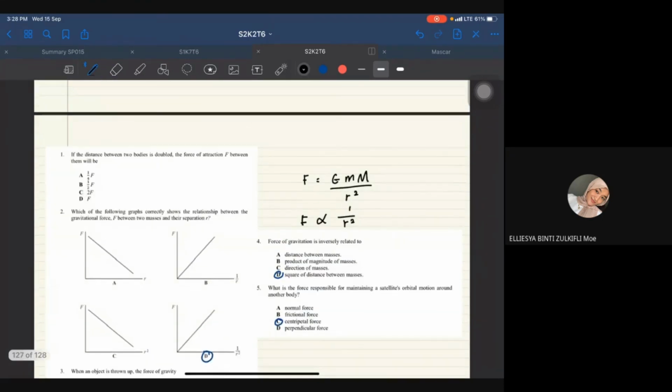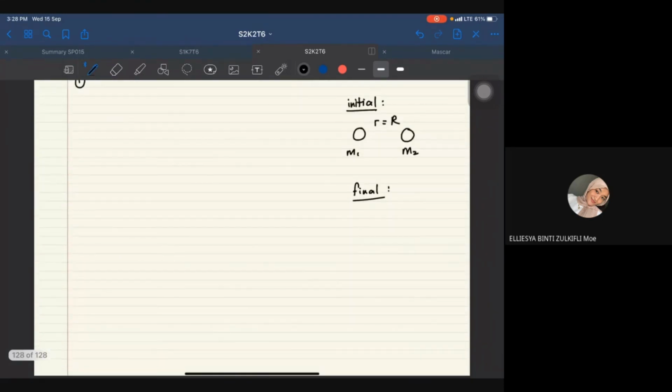Saya double check. Okay, the distance between the two bodies is now double. So maybe dia push a little bit further. Now dia punya R dah jadi berapa? Kalau yang ni double, R dia jadi 2R. Okay, good, 2R.